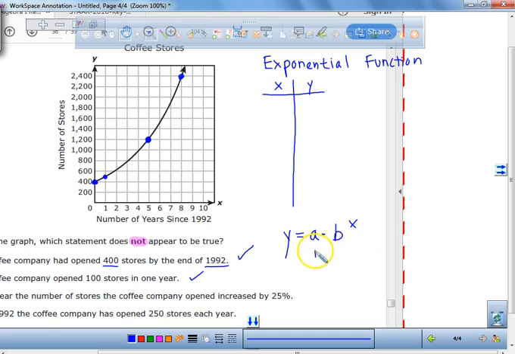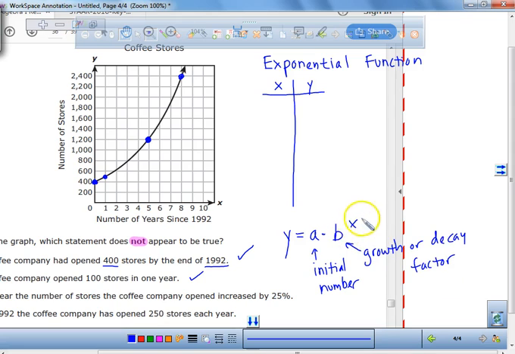All right, so here's what I want you to label. Label a as your initial number, like what you start with. And b is what's called your growth or decay factor.